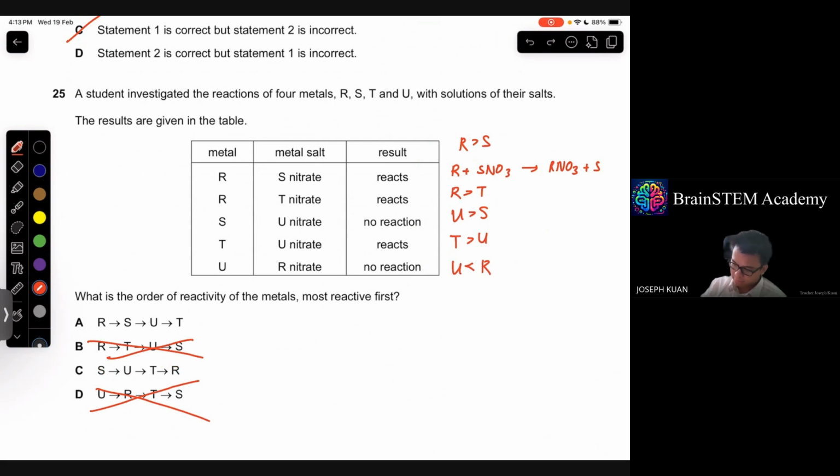Is it? Hold on. Most reactive first. Or I just do it from scratch. Wait. R is more reactive than S and T and U. And then T is more reactive than U. U is more reactive than S. So R, T, U, S. So I say B.